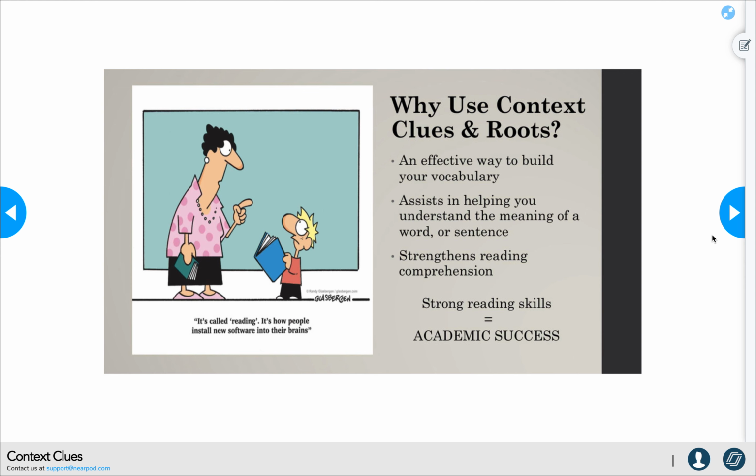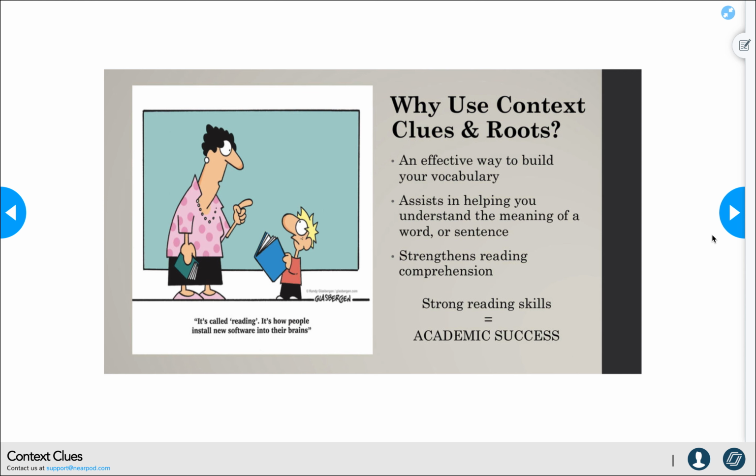So on that note, why use context clues and roots? There are effective ways to build your vocabulary. It assists you in understanding the meaning of a word or a sentence. So no more skipping over terms. Now when you don't know a word, I'm going to show you how to figure it out. And that strengthens reading comprehension, because if you're skipping a whole bunch of words, then you're not going to get the best understanding of the text. But if you can take those words and figure them out, then you're going to understand.